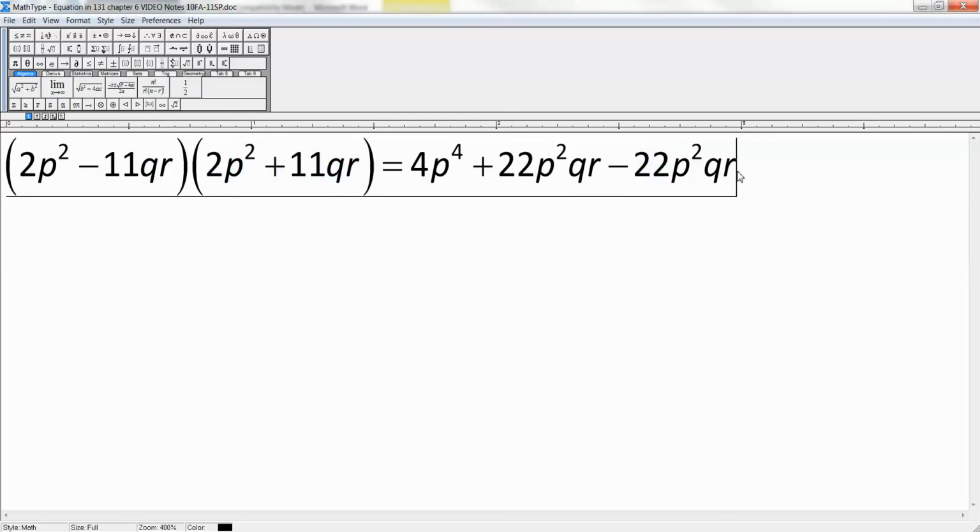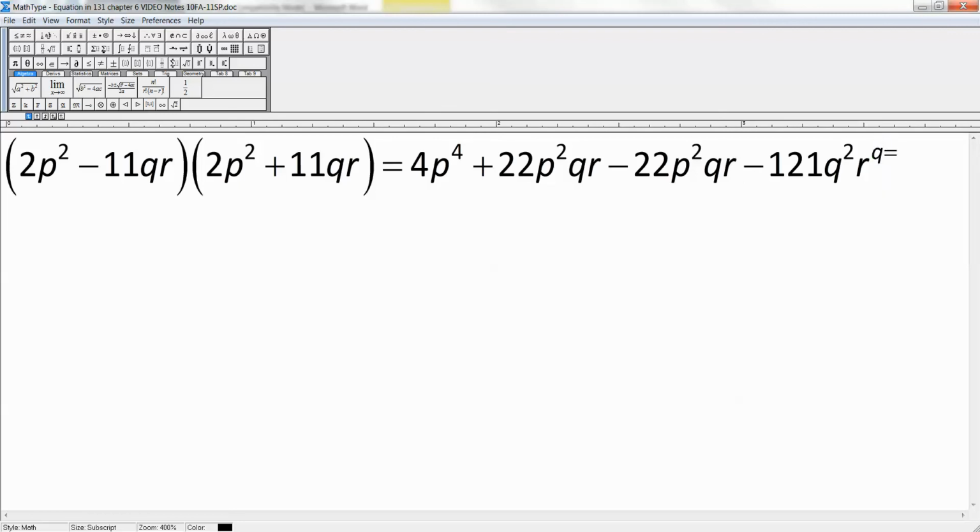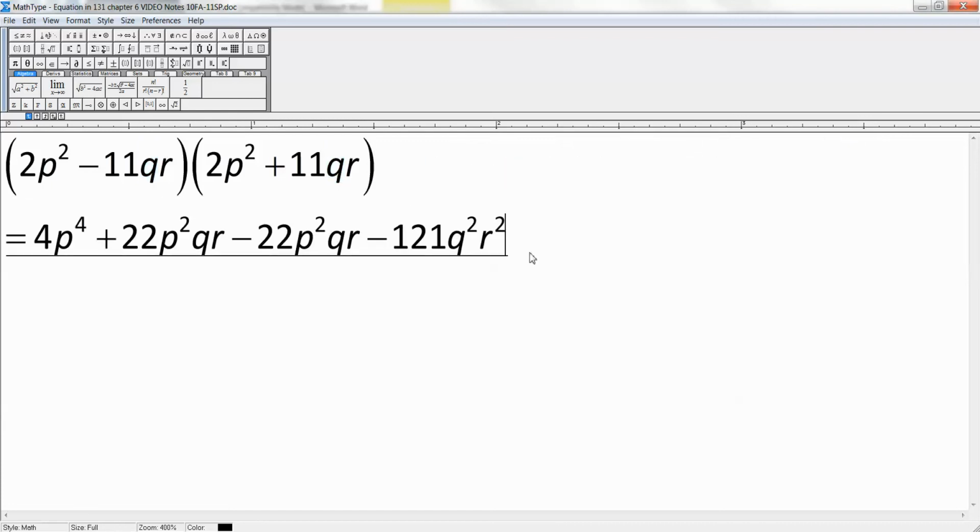And then otherwise it's minus 121, because 11 times 11 is 121, q squared r squared, because you have a q here and a q here. That gives you q squared. And then you have an r times an r, which is an r squared.